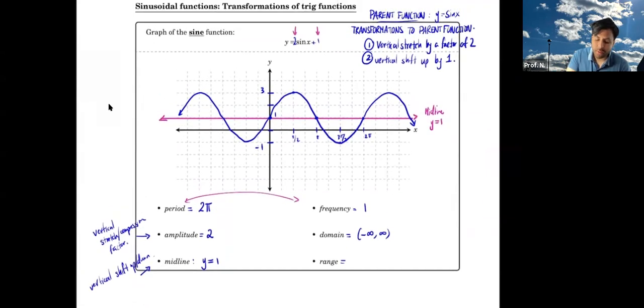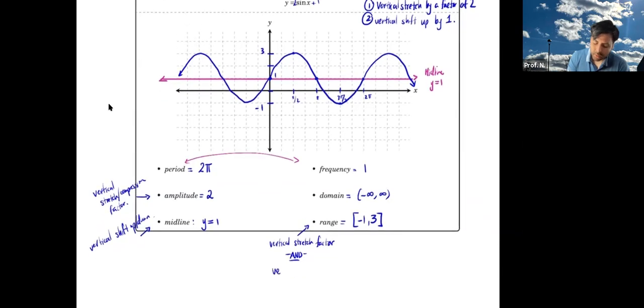And then what would be the range now? The range is no longer -1 to 1. The range is from -1 to 3. So this range was also affected by 2 things. It was affected by the vertical stretch factor and the vertical shift.